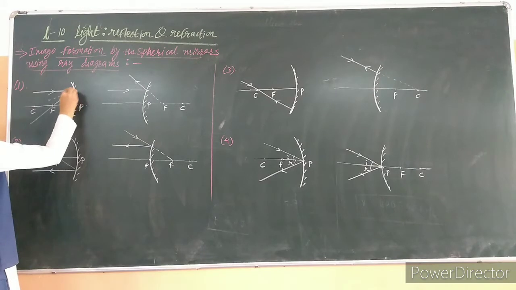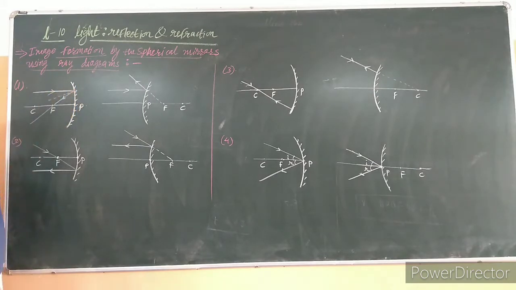The incident ray makes some angle with the normal, which we call i, and the reflected ray will go in such a direction that it makes the same angle i with the normal.